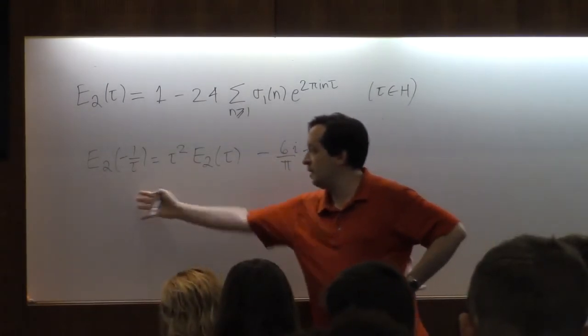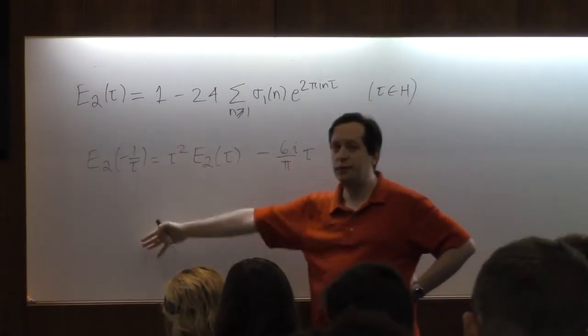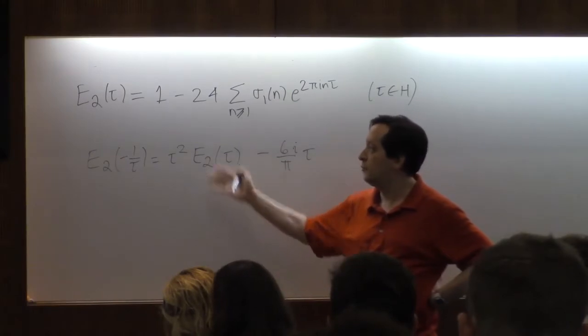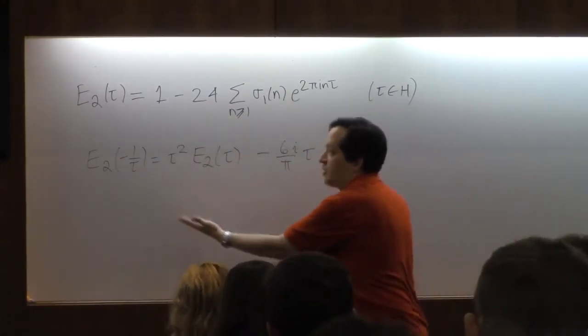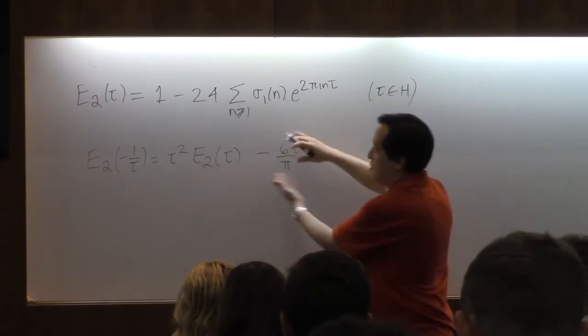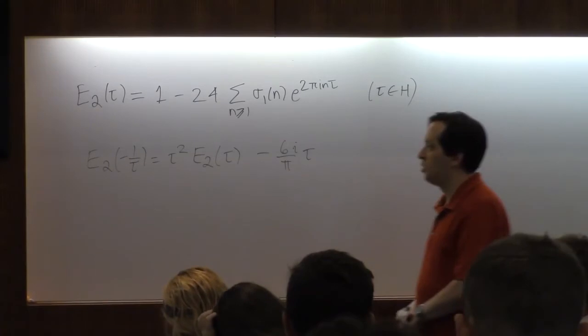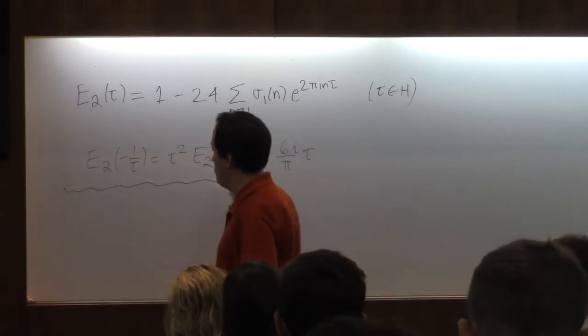And if you scale it by, I think, 3 over pi, you can make this correction term match. Then the difference actually satisfies the weight 2 transformation law for tau to tau plus 1 and for minus 1 over tau. But that correction that cancels out this term is not holomorphic, so you have to write non-holomorphic modular forms.